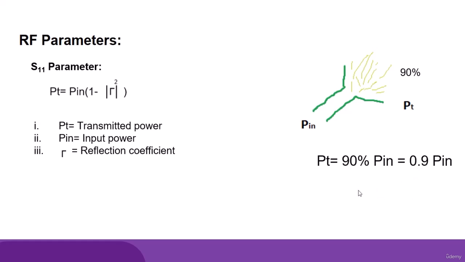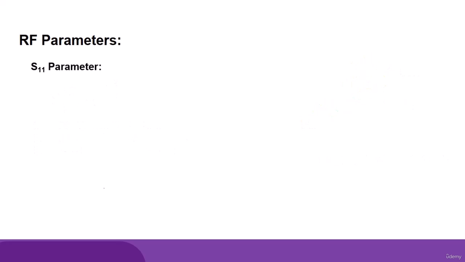By performing the mathematical calculation, including the square root, we arrive at the result. So this was our equation. In this equation, I have put the value of P_T, which is 0.9 of P_IN. On both sides, we see the input power, which will cancel out.